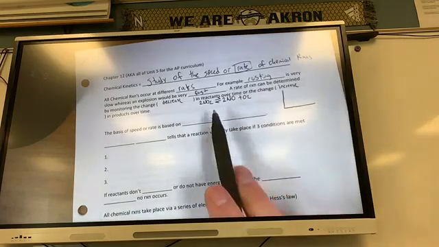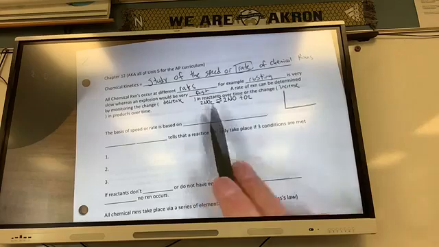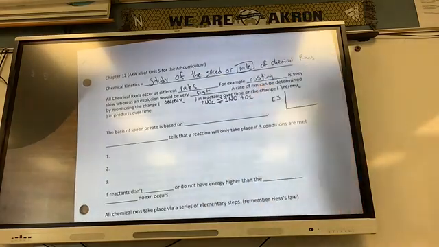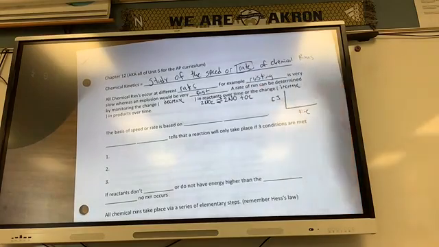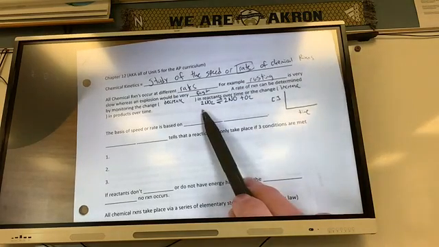So if this is my equation, I have a what type of equation here? Decomposition. Yes. So I'm going to have concentration on the y, and time on the x. Where is my NO and O2 going to start out? 0. Because do I have any NO and O2 at the beginning of this reaction?